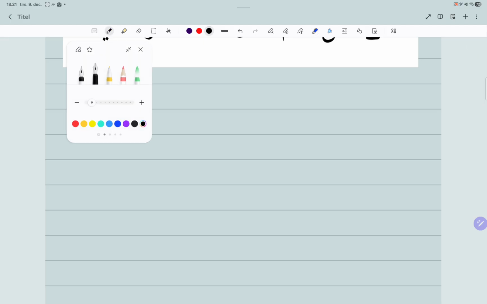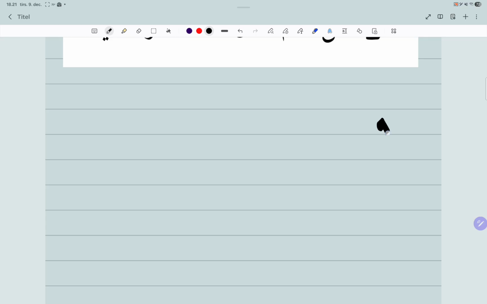The first letter we have is Fa. Fa is said by placing the upper front teeth above your lower lips and smile and say Fa, Fa.